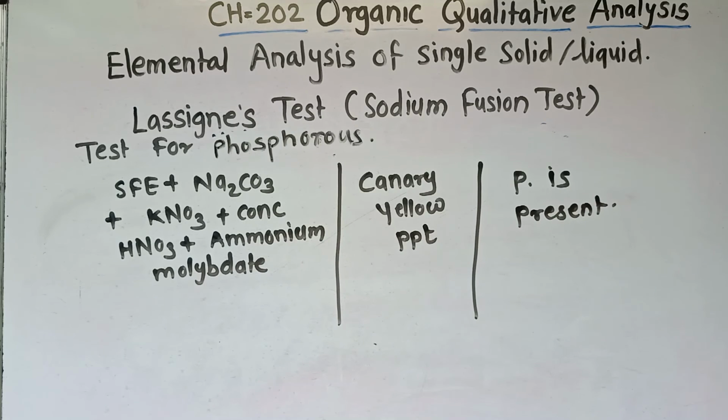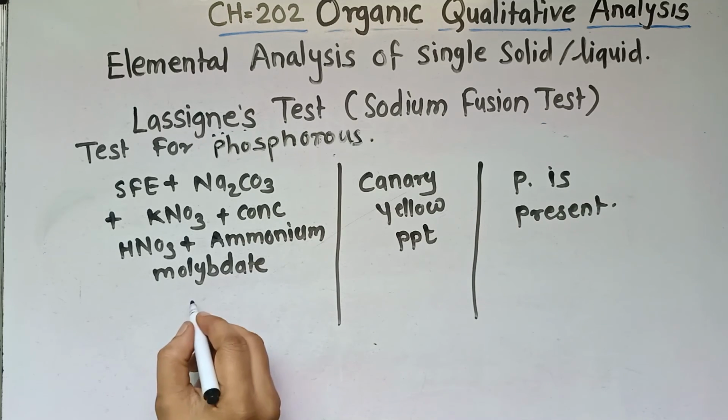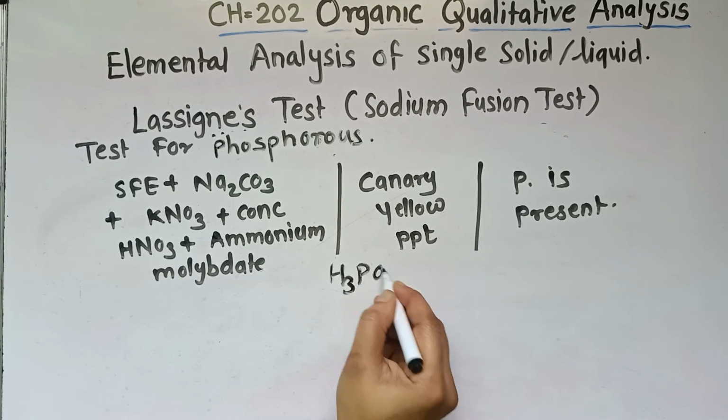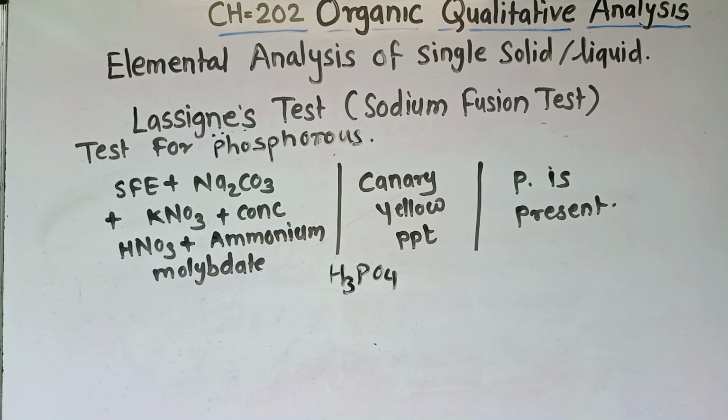So here the reaction: phosphorus is first converted into phosphoric acid. The formula for phosphoric acid is H3PO4. This phosphoric acid reacts with the ammonium molybdate and forms a canary yellow precipitate.